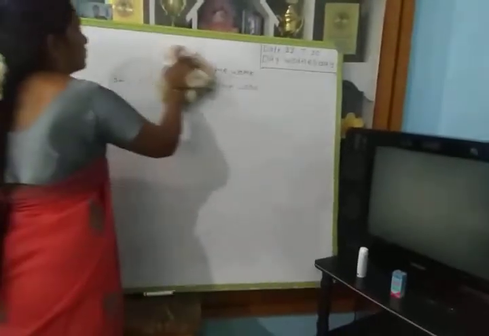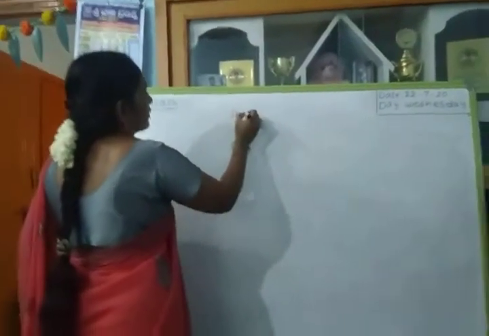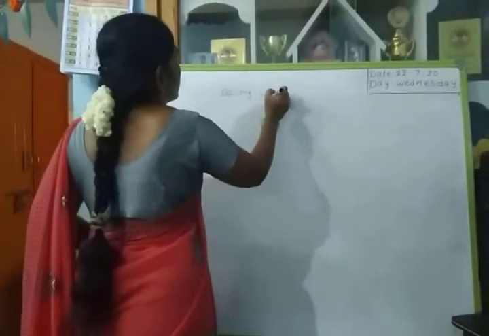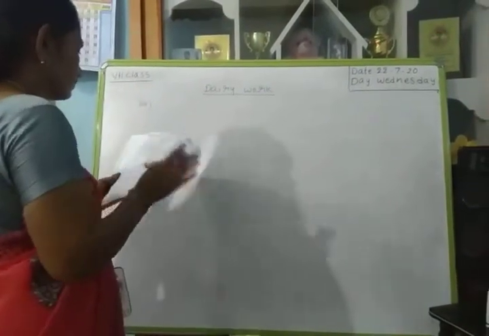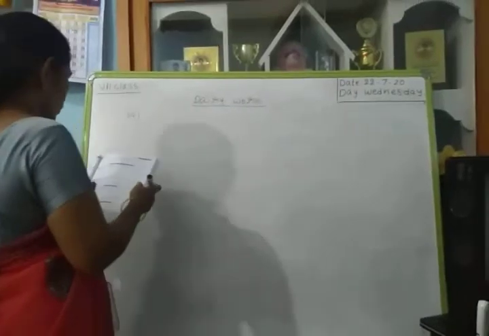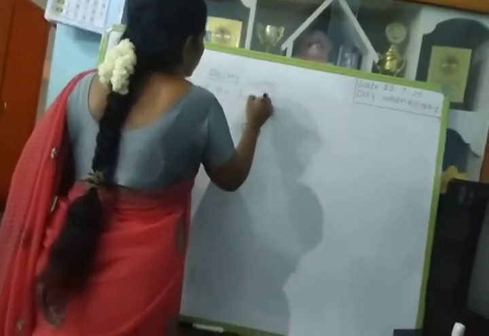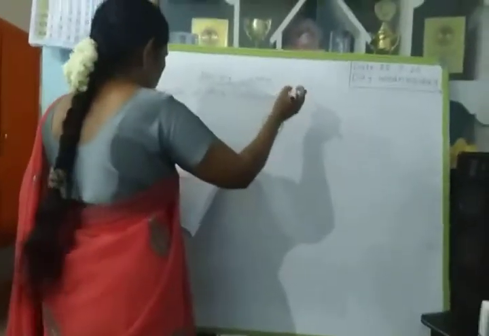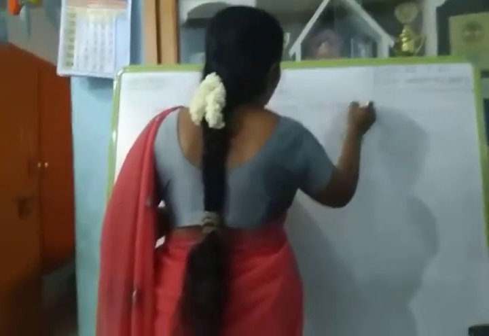All of you have the test book. Who doesn't have the test book? Once you write the questions, see here, the daily work questions. 24th one: Which of the following is a vulgar fraction?